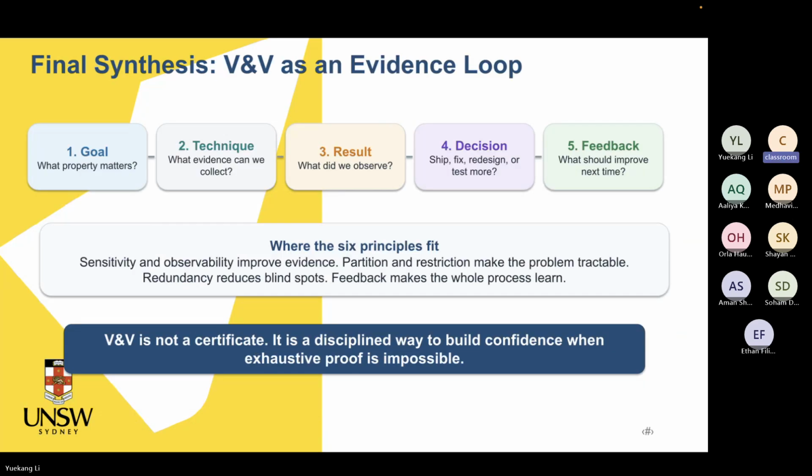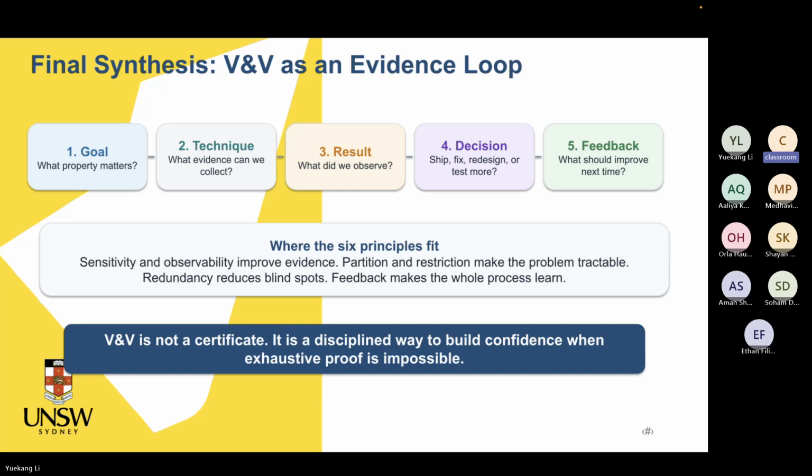And the final synthesis of this V&V process we have learned today is that it can provide us an evidence loop. So the first one is about the goal. The goal is often related to what kind of properties matter here, like what do we care about when we do V&V, right?